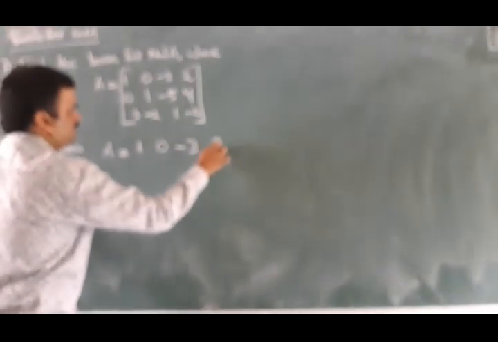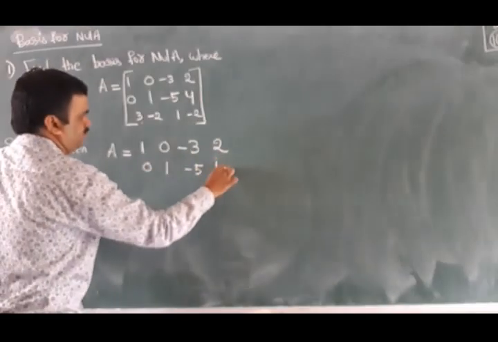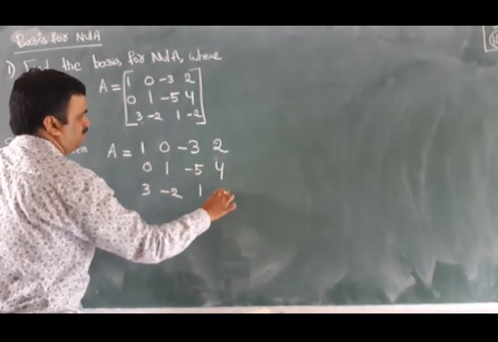Solution. Given A equals the matrix 1, 0, minus 3, 2; 0, 1, minus 5, 4; 3, minus 2, 1, minus 2.